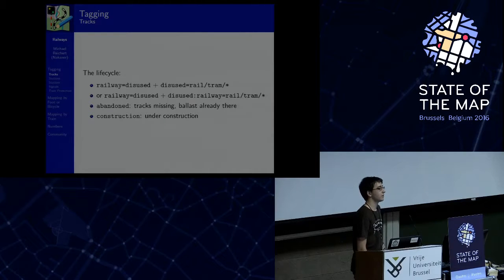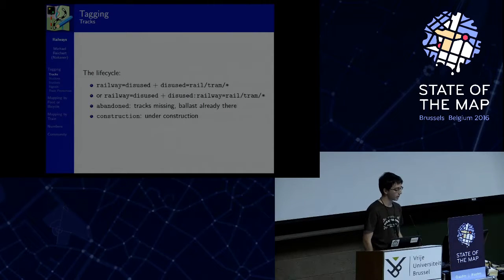Abandoned is used if the track has been removed, but the ballast is still there. And if the track is under construction, you use railway equals construction. Please also tag disused equals rail or abandoned equals rail. Otherwise, data users cannot detect if it was a railway track or a tram track.